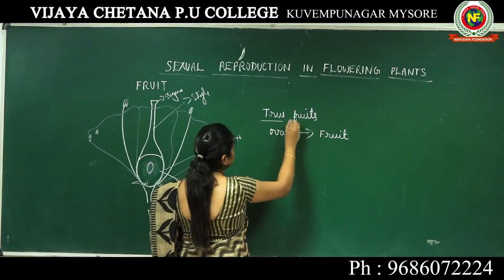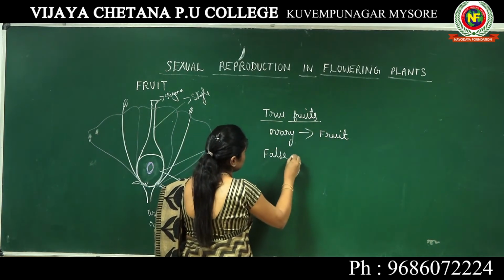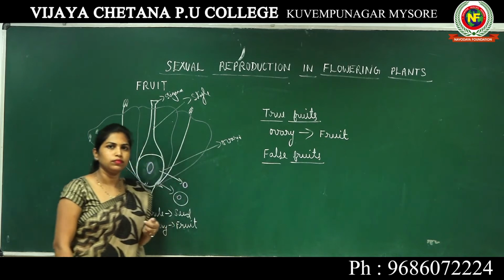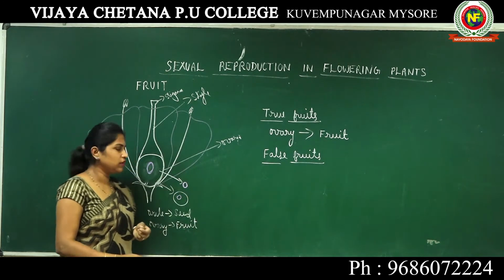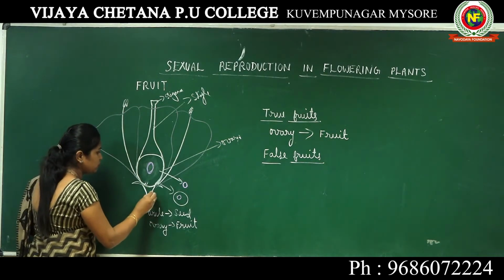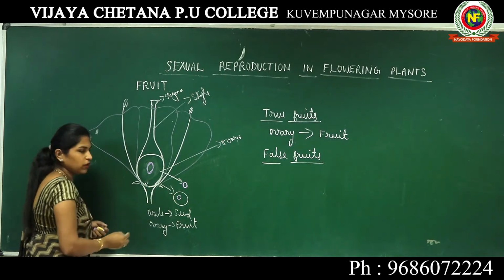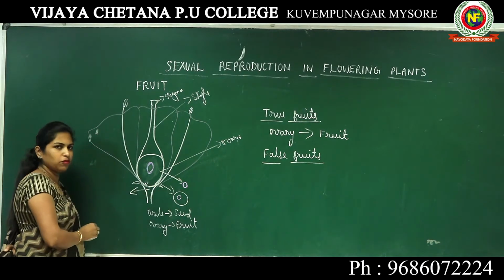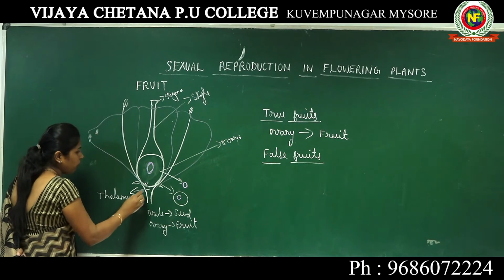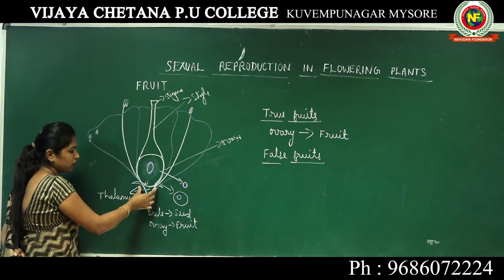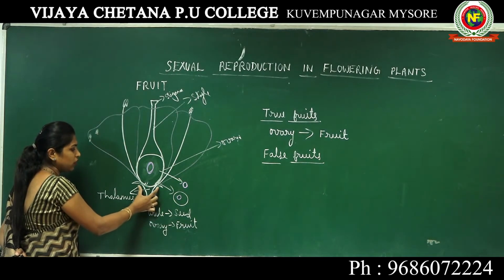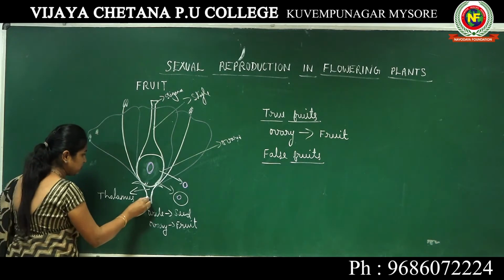There are certain fruits which can also be called false fruits. What are false fruits? While explaining the structure of a bisexual flower, I mentioned that the broad tip of the pedicel, this is the pedicel, leads into a broad region known as thalamus.